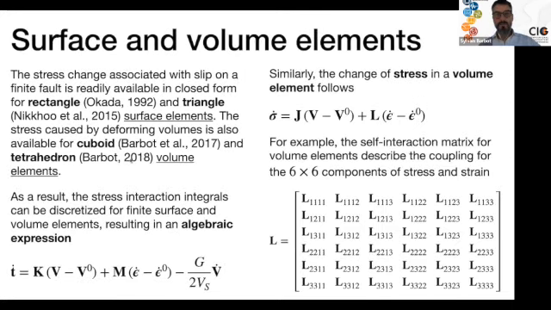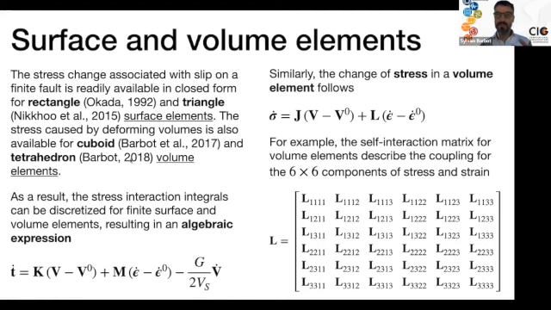So in fact, we can go one step further and discretize the domain with finite surface elements and finite volume elements instead of relying on point sources. And the stress interaction kernels for finite fault patches are readily available for rectangle patches and triangle patches, in the equations of Okada, 1992, or Nikkhoo et al., 2015.